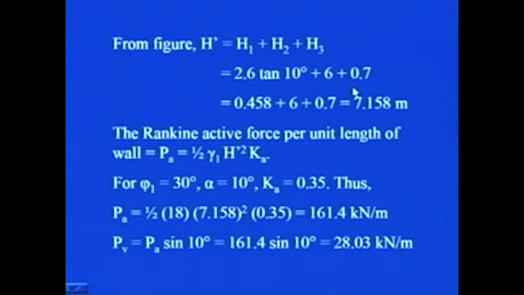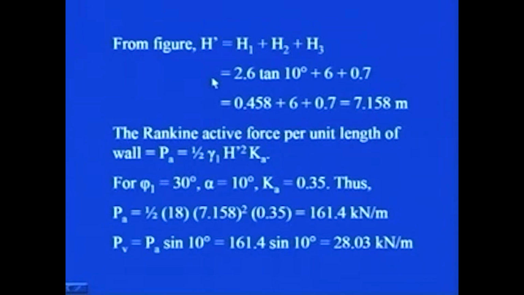We are finding this because to estimate the active force you need to know this height, H prime. The Rankine active force per unit length of the wall, Pa, is equal to half gamma 1 H prime square into Ka.